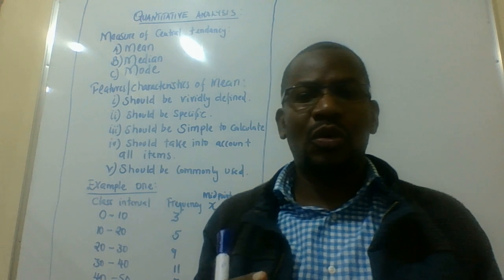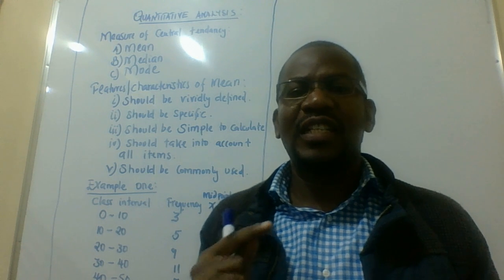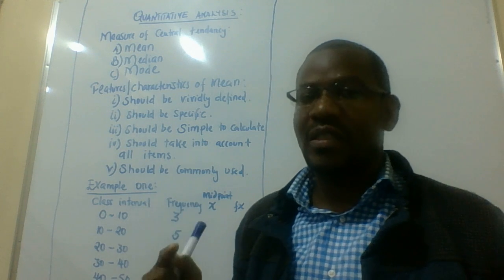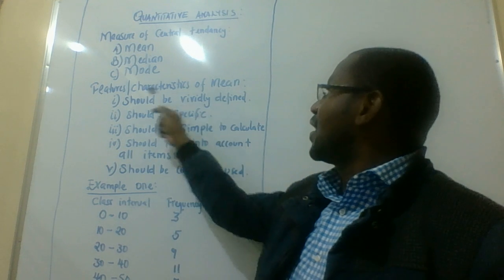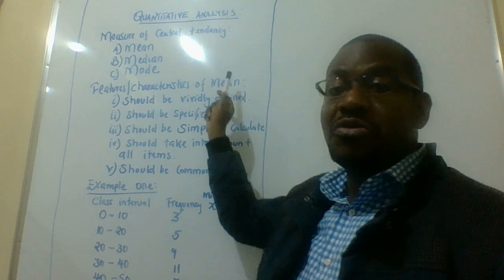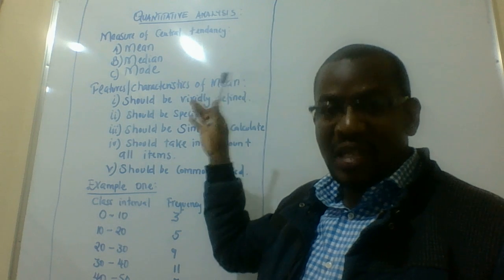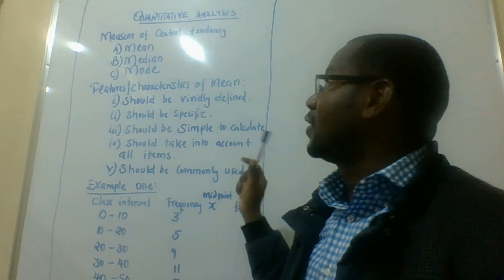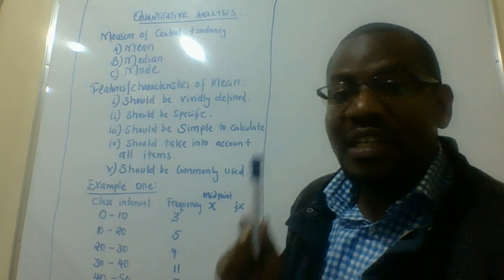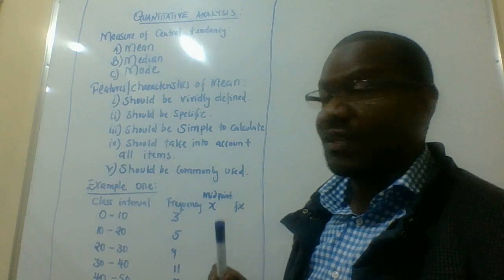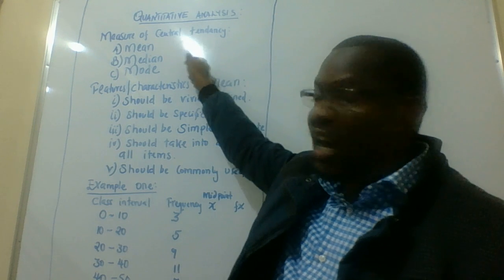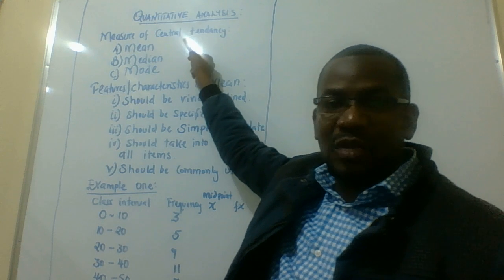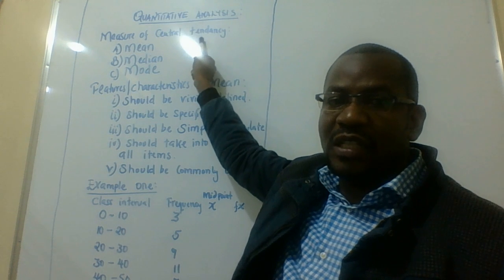But more so, let us understand characteristics of measure of central tendency. Here are written characteristics of a good mean. In an exam, you can be told to give characteristics, not calculate, of a good measure of central tendency.